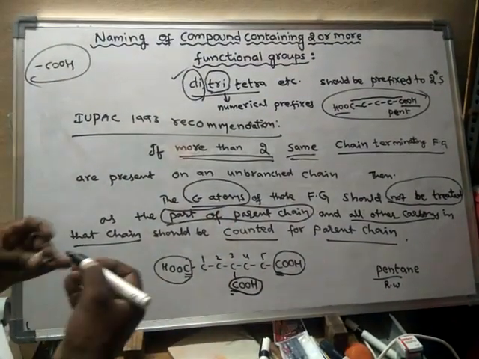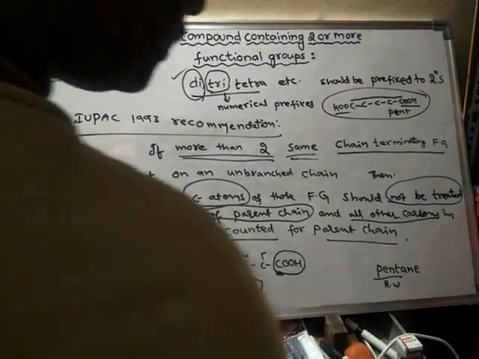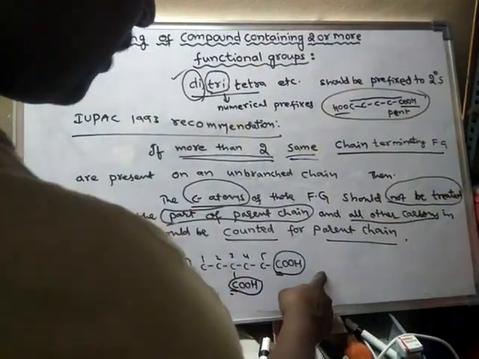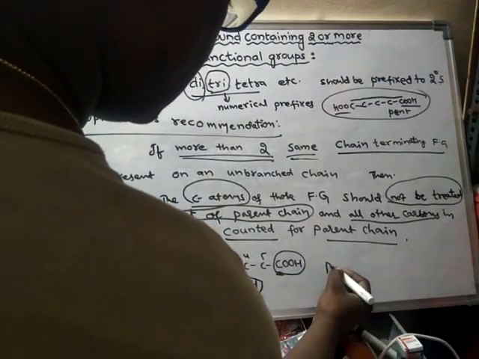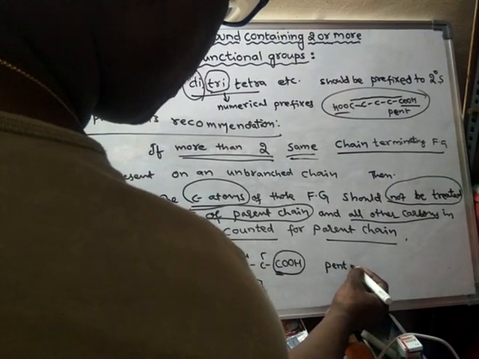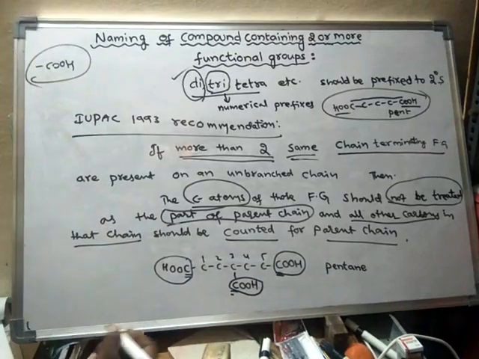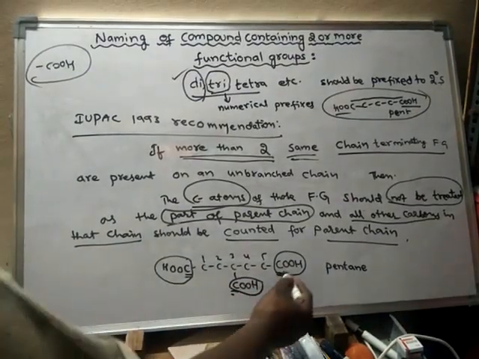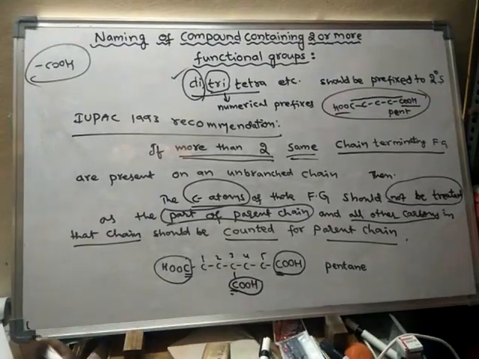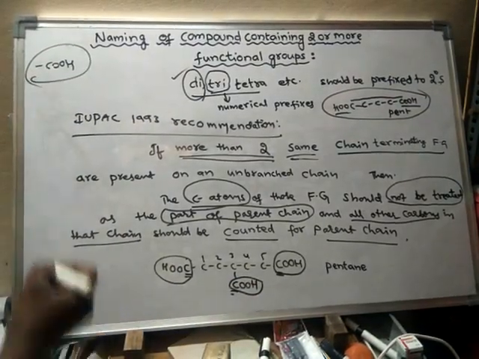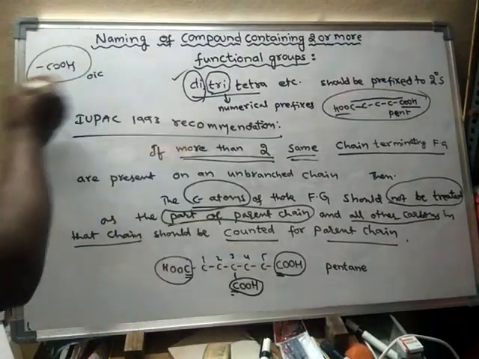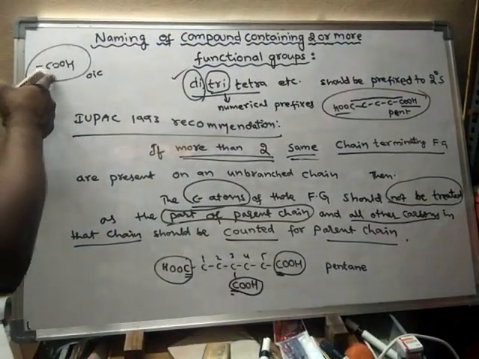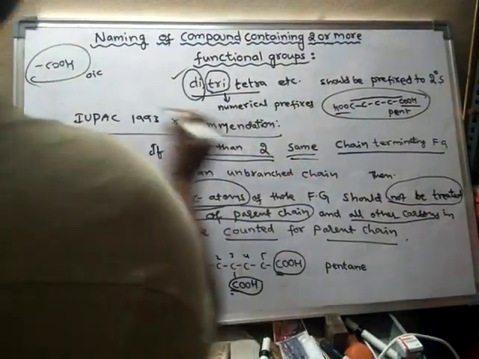So pentane. I'll start from here. Now the name of the secondary suffix will be like this.